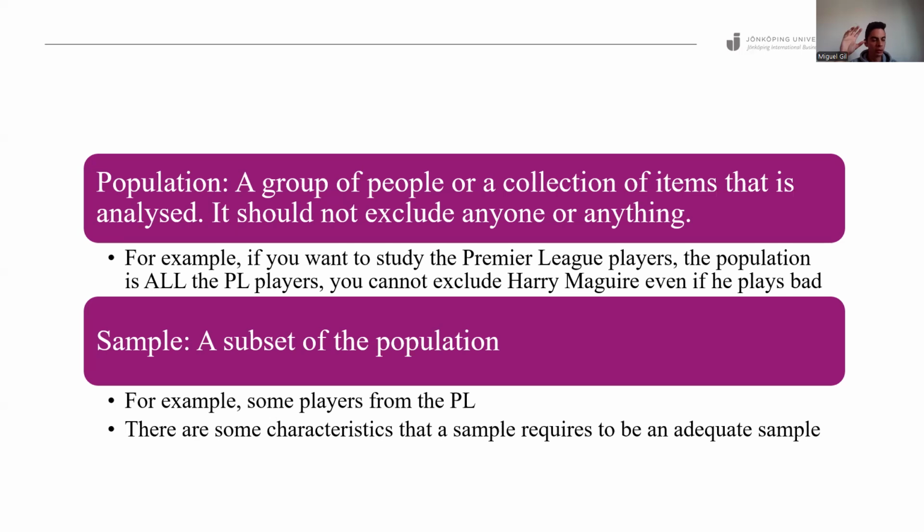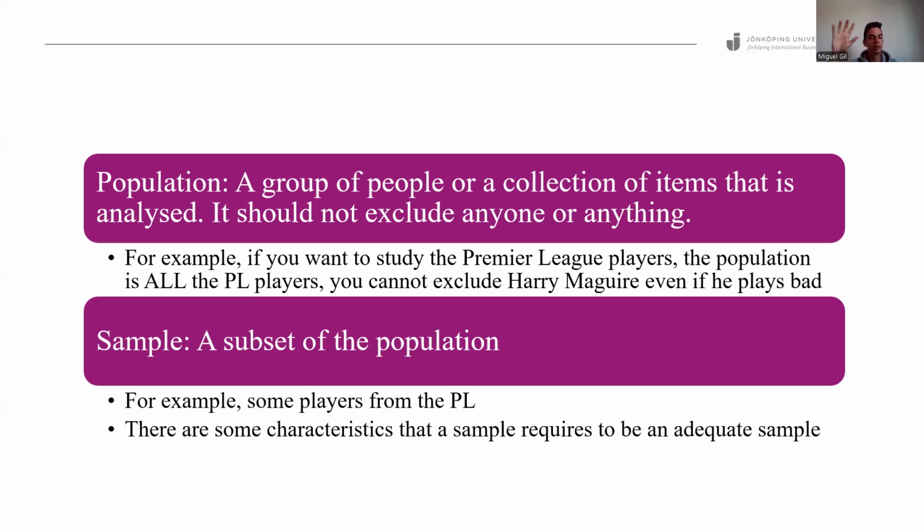You need to be careful when you discuss your topic and your research problem. You need to reflect on which is the population that you are required to study. Is it every human or is it every organization, or do you have some kind of filters and limitations? Usually it's a good idea to limit the population. And linked to that, once you define your population, you need to be careful because it's not good to exclude someone from the population that you're studying.